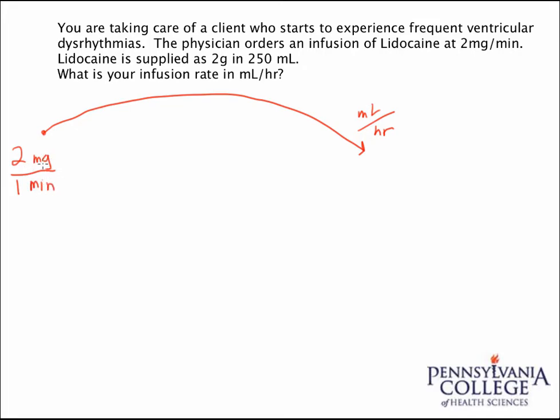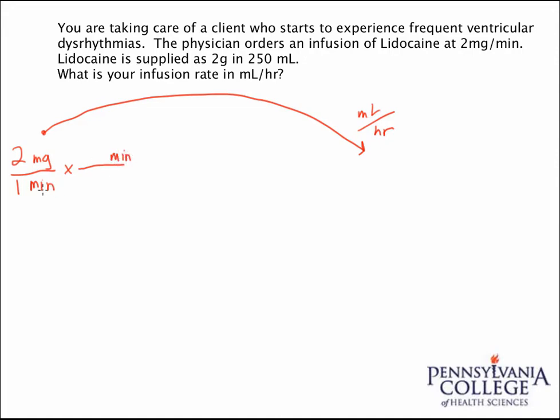What we want to do is somehow cancel out milligrams to get milliliters, and cancel out minutes to get hours. When we're done with our dimensional analysis, that's what we're hoping for. It may be a little easier to start with minutes to hours, or you could start with milligrams to milliliters. It doesn't matter. Since we know the number of minutes in an hour, maybe we could start there. I want to cancel out minutes. Minutes is in the denominator of our first ratio, so in order to cancel it using our conversion factor, we need it on the opposite side of the fraction.